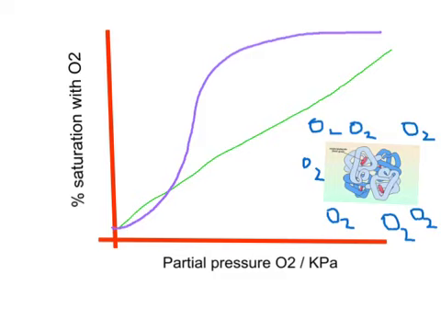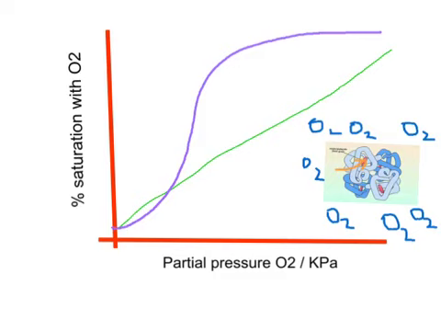And I'll draw an arrow showing that happening. Once that happens, it changes the bonds in the hemoglobin molecule, and the oxygen binding causes a slight change in the shape of the hemoglobin, a conformational change.